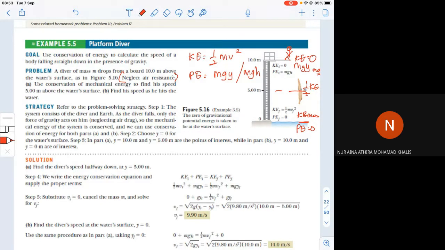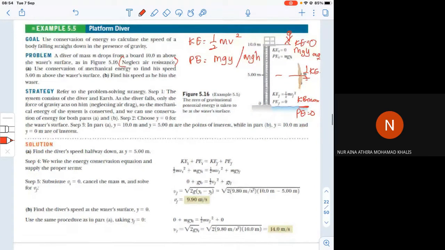Kinetic energy is maximum at that point, because that is the highest speed the diver can get, and the potential energy is 0 at the lowest point. So we need to find his speed 5 meters above the water surface, at the point 1.5 meters over the water surface.